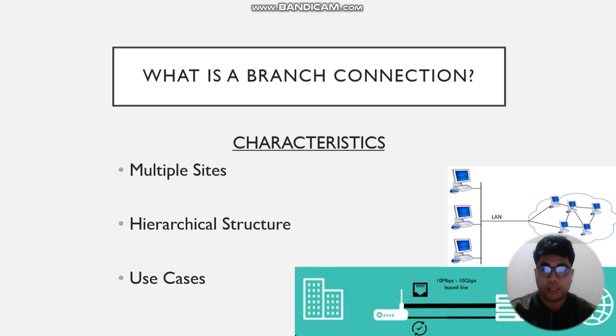Here are the characteristics of branch connection: multiple sites connecting more than two locations, and a hierarchical structure where the central network hub communicates with multiple branch offices. Its use cases are branch offices and remote site connectivity in enterprise networks.